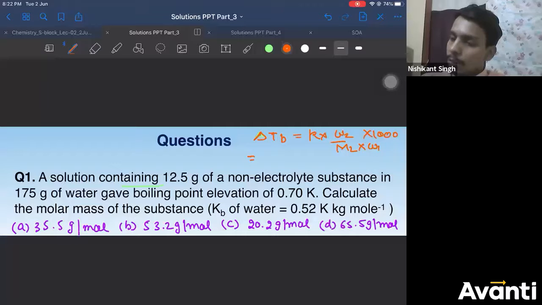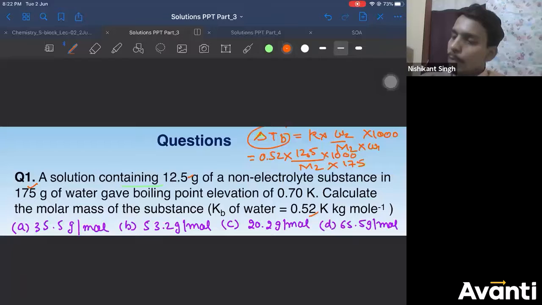So Kb is how much? Kb is 0.52, into what is your W2? 12.5 gram. What is your molar mass of solute? You have to find. What is your weight of solvent? 175 gram. And 1000 here as it is.